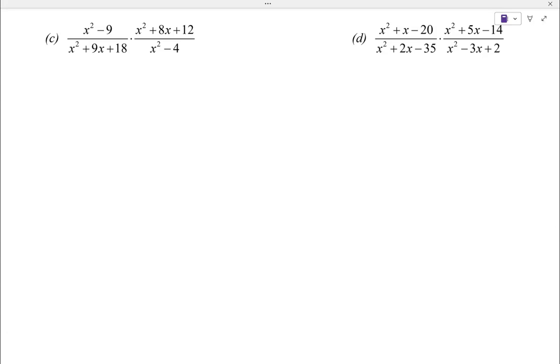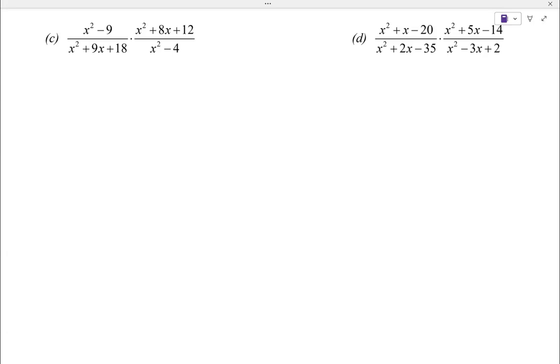Again, this one's multiplication, so I don't have to worry about rewriting the division, right? The reason I want to go through this one is that different form. I see that x squared minus 9. What kind of a form does that have? So we call that a what again? The difference of squares. Good.